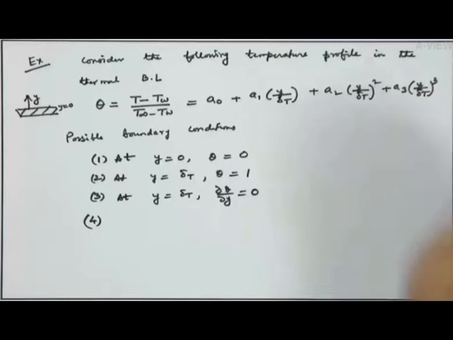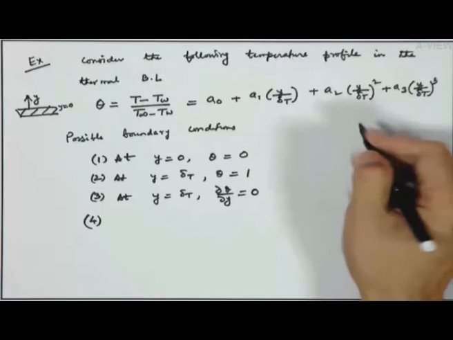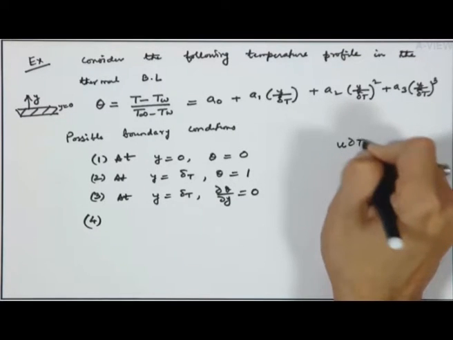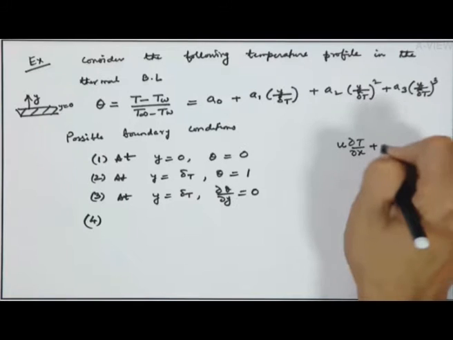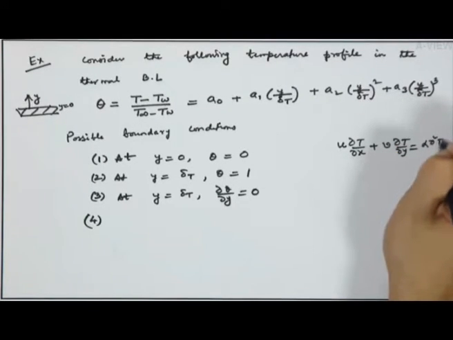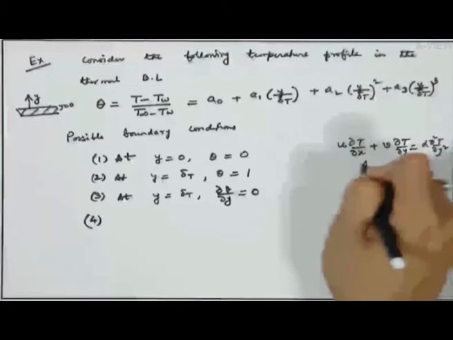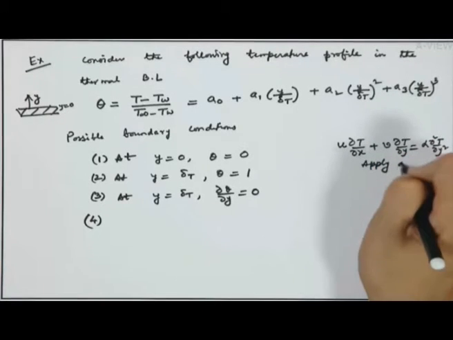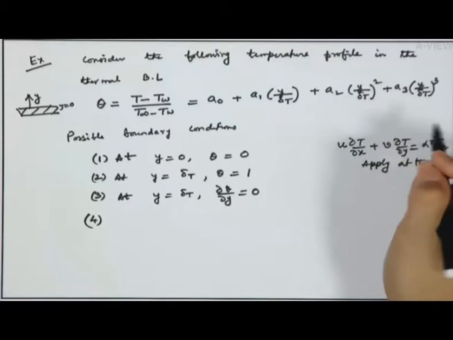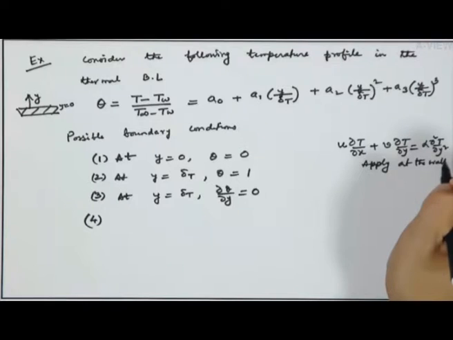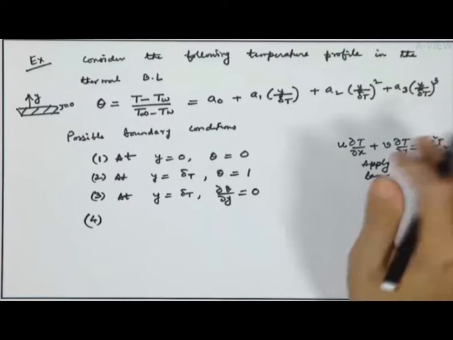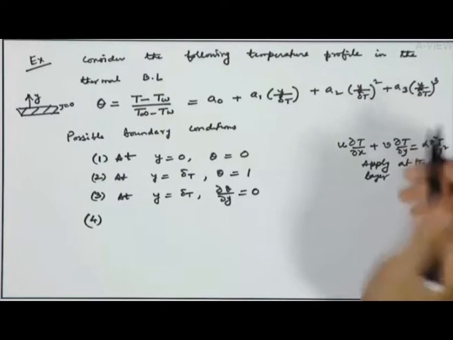The fourth one is something which is very interesting. So, you write the energy equation at the wall, U del T del x plus V del T del y is equal to alpha del 2 T del y 2. Apply at the wall, the fluid layer in contact with the wall.